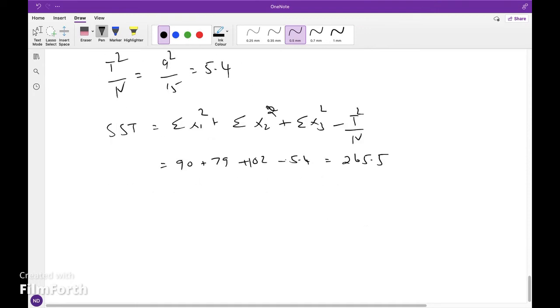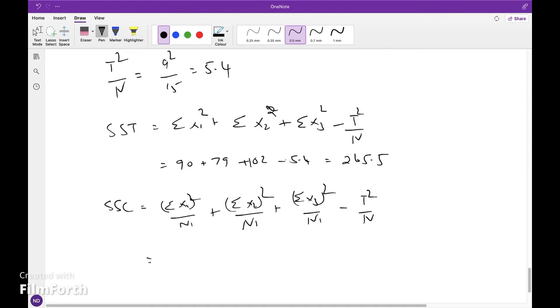Now the sum of squares between columns: 0 squared by 5 plus minus 5 the whole squared by 5 plus 14 squared by 5, minus 5.4. That is equal to 38.8.